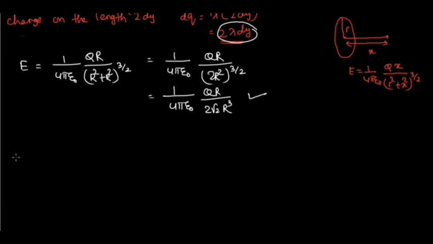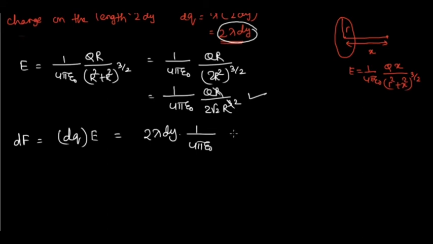Now what will be the force? The force will be dF is equal to how much? The charge dq into the electric field. In place of dq, you can write 2 lambda dy, and in place of E, you can write this value, 1 by 4 pi epsilon naught. Here r and rq will cancel, you will get r square here. So you can write q divided by 2 root 2 r square.